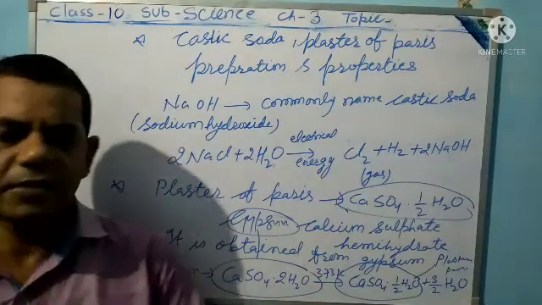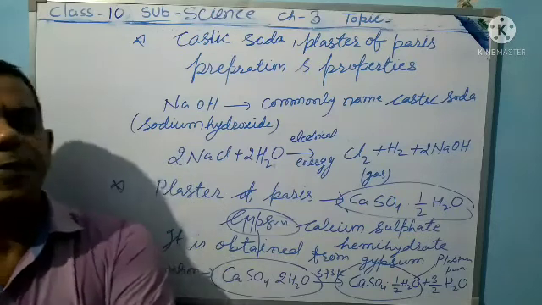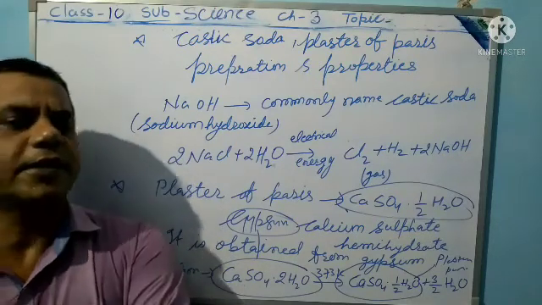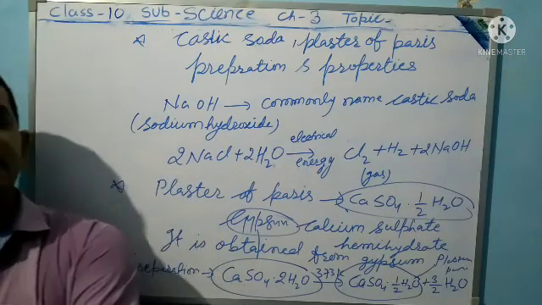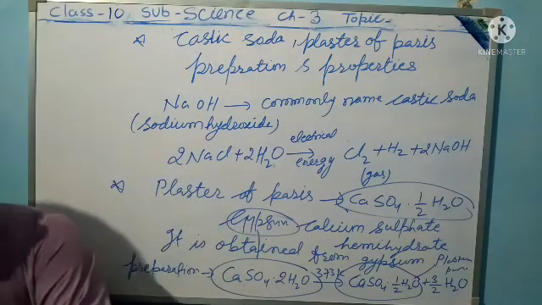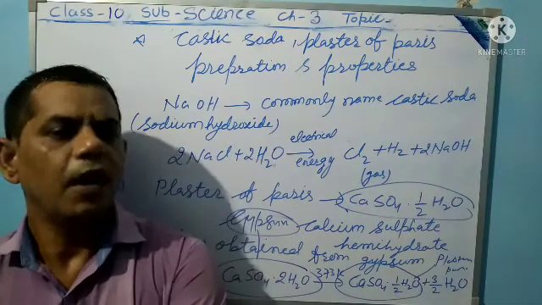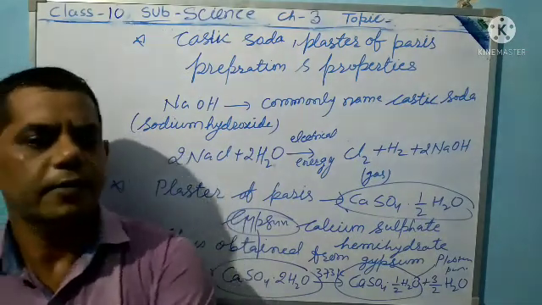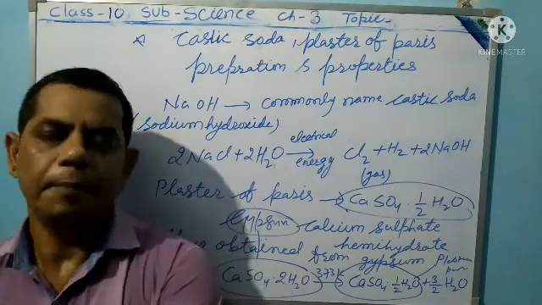Now the properties of plaster of Paris: it is a white powder. When it is mixed with water, crystals of gypsum are produced and set into a hard mass.